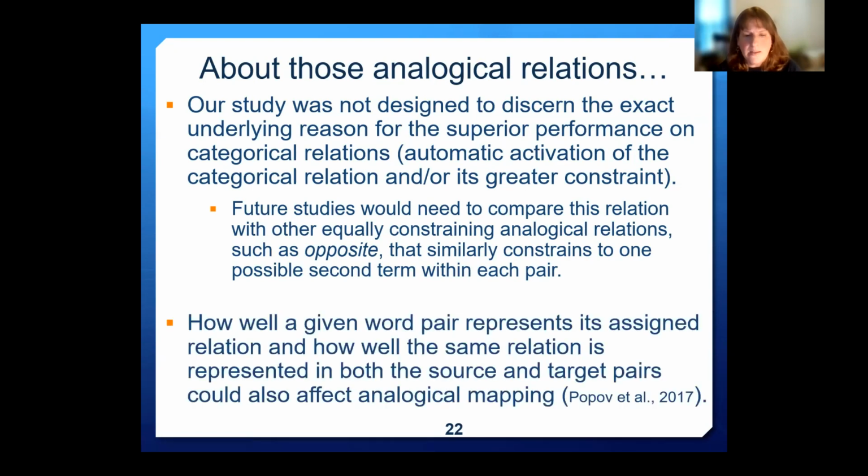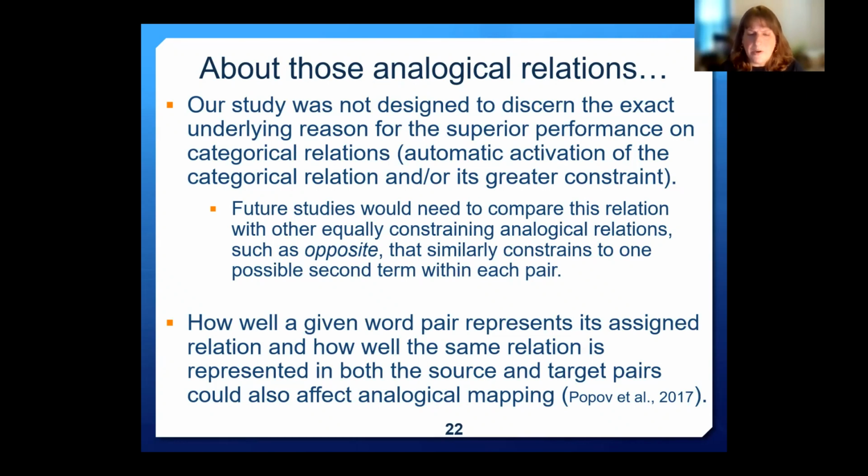Then another point that I talked about in the discussion of that paper is how well a given word pair represents its assigned relation, and how well the same relation is represented in both the source and the target pairs could also affect the analogical mapping. In other words, allergy is to sneeze, that word pair. How well does it represent that causal relation? Most people would say, yeah, allergy is a frequent cause of sneezing.